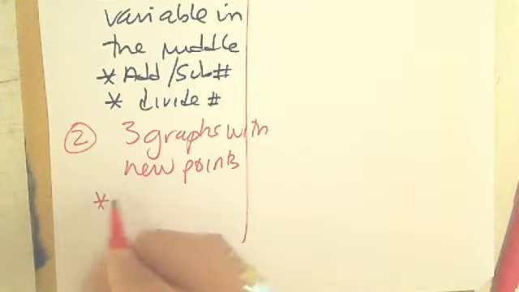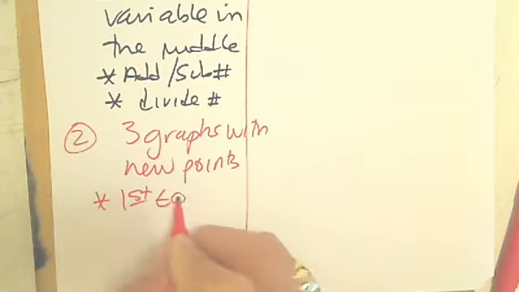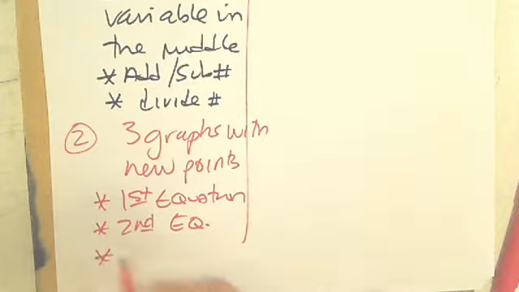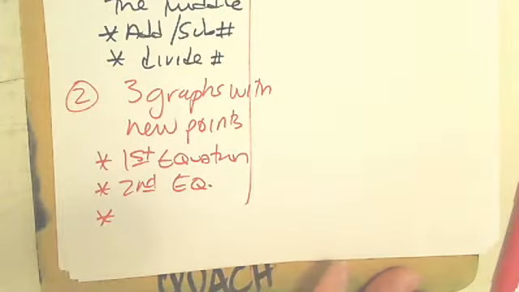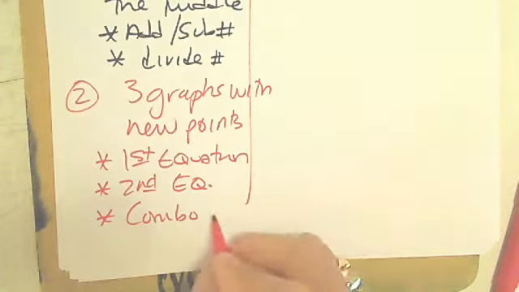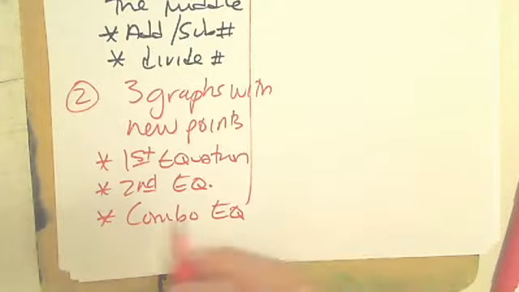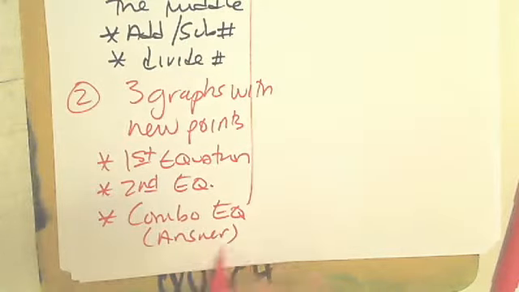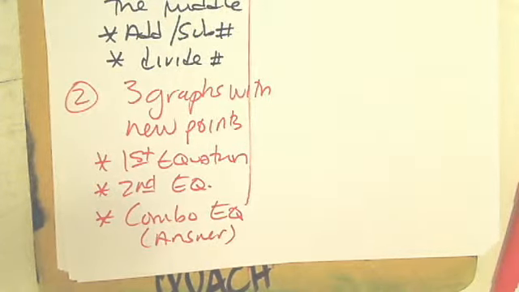The 3 graphs are the first equation graph, the second equation graph, and the third is the combination, the combo equation. Guess what? The third one's your answer.